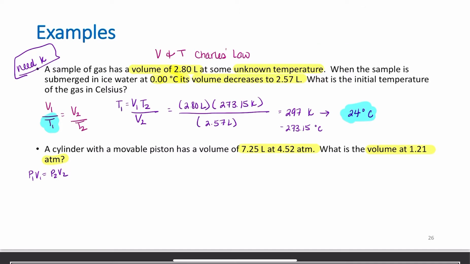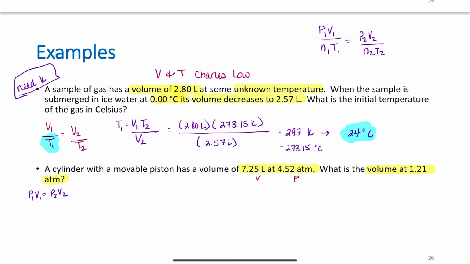That's where your ideal gas law comes into play and your combined gas law, P1V1 over N1T1 equals P2V2 over N2T2, and you cross out the pieces that don't matter. We've got pressure and volume here. So I'm going to cross out the pieces that don't fit, and it's going to give me the same equation.